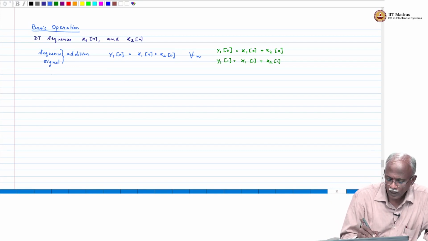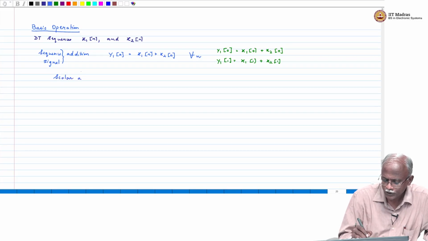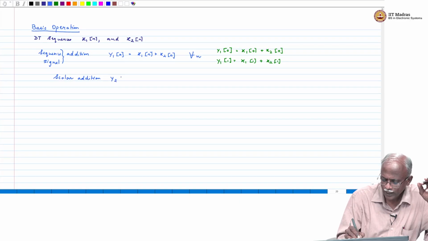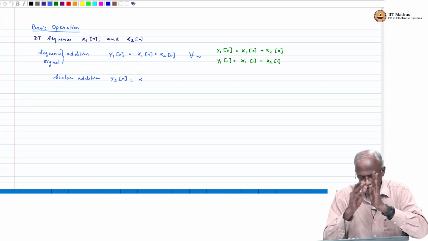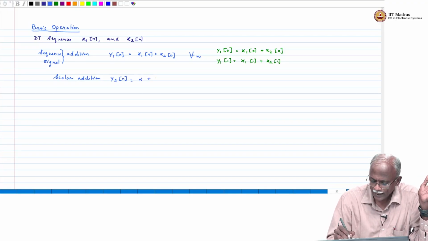Now, you can also have what is called a scalar addition. You have a scalar that is added to your sequence, and this is defined as y2 of n equal to alpha plus x2 of n. Alpha is a scalar, a constant, added to your signal x2 of n.